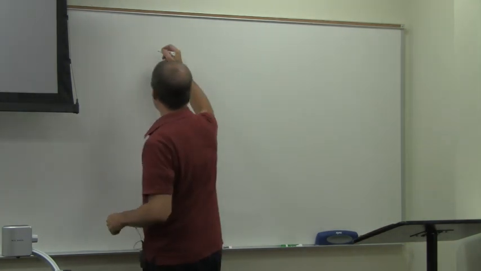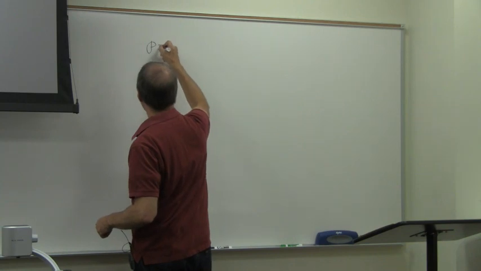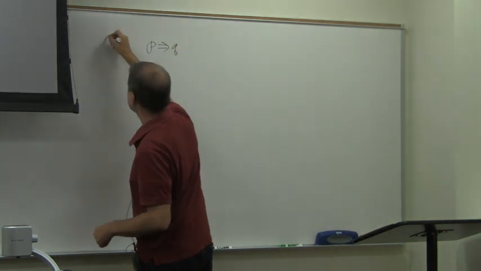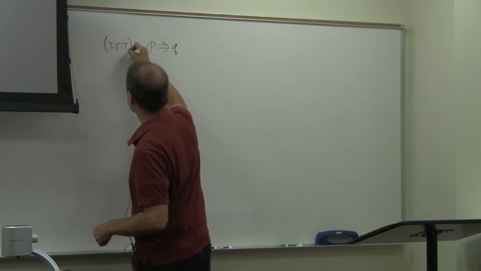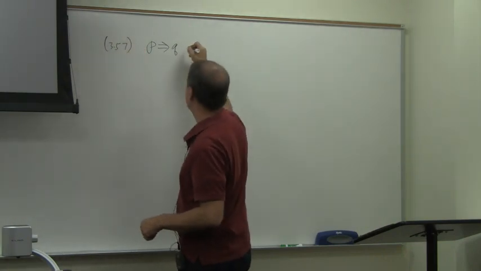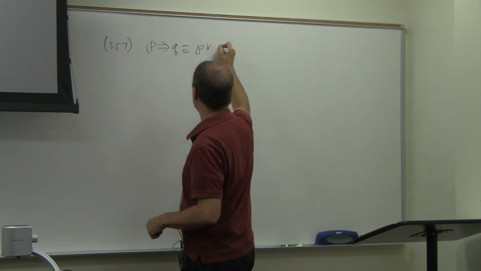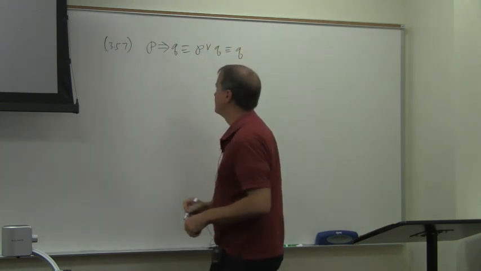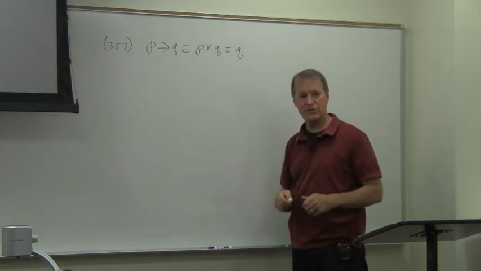Okay, so 3.57 says P implies Q equivales P or Q equivales Q. That's the definition of implies.